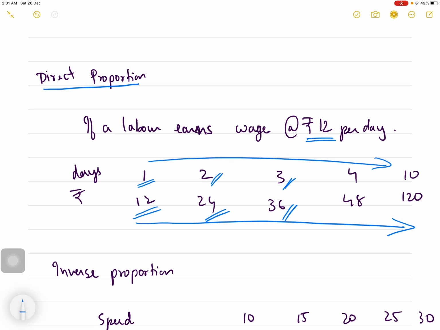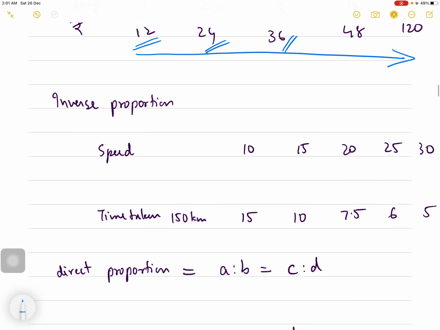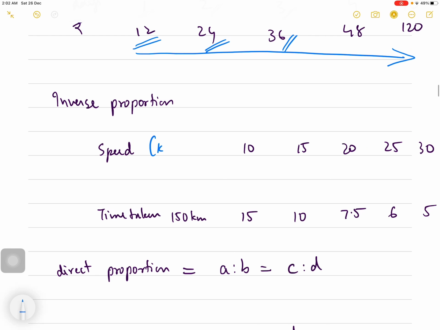Okay, let's see what is inverse proportion. Quantities are said to be in inverse proportion when an increase in one is accompanied by a decrease in the other. In this case, suppose the speed of a train is in kilometers per hour, and the time taken is for 150 kilometers.